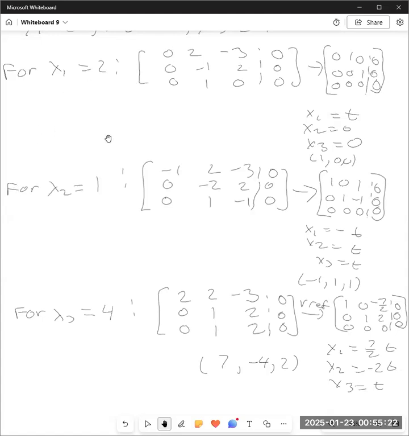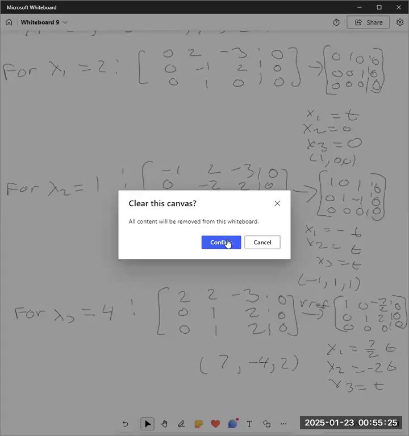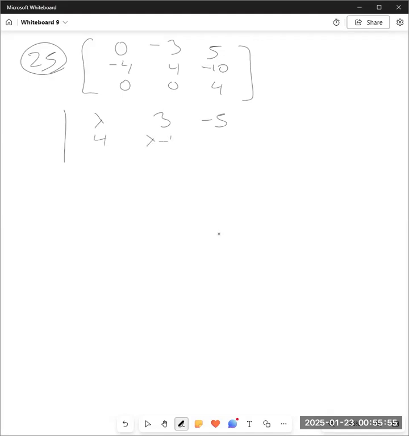Let's go ahead and look at 25. 25 is 0, negative 3, 5, -4, 4, -10, 0, 0, 4. And that makes my characteristic equation lambda minus 0 is lambda, 3, -5, 4, lambda minus 4, positive 10, 0, 0, lambda minus 4.